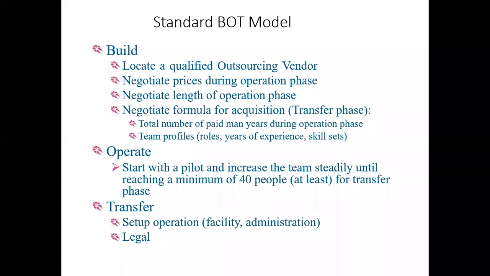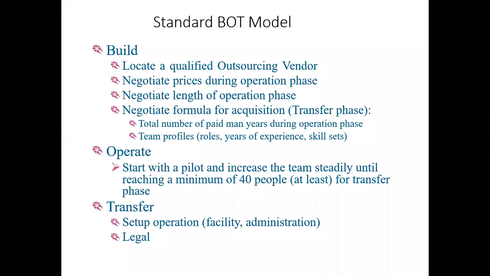Then total number of paid man years during the operation phase. What is meant by paid man years? For how many years you are paying the salary to the working man there, that is called paid man years during the operation phase. So when the construction is completed and the operating things are there, for operating, how many years you will take, that is the total number of paid man years.